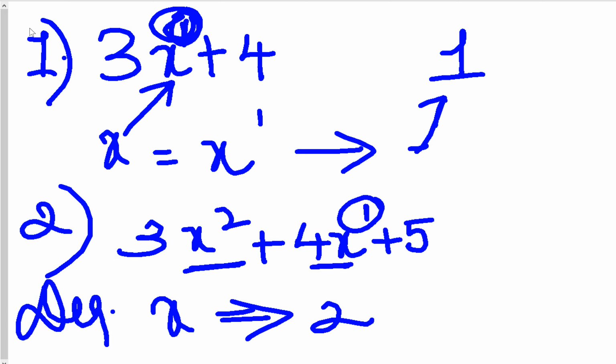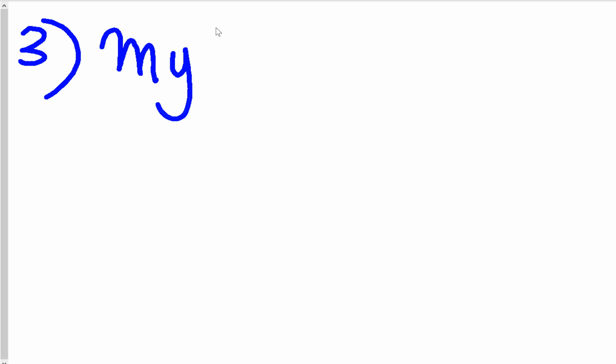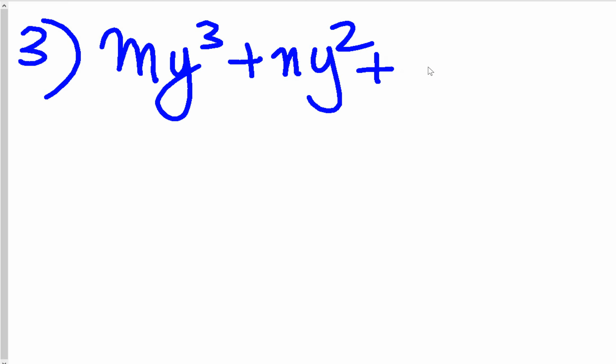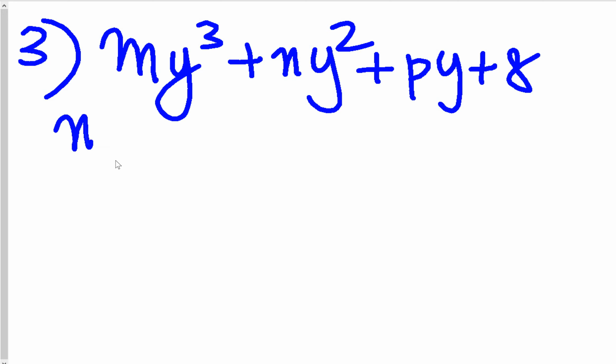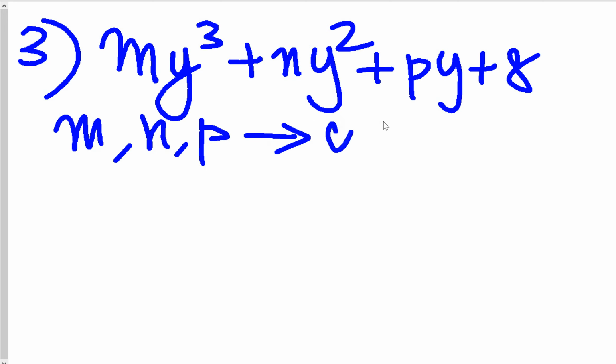Let's move on to the other example. The third example is my cube plus ny squared plus py plus 8. There's nothing much special about this equation, but m, n and p are constants.